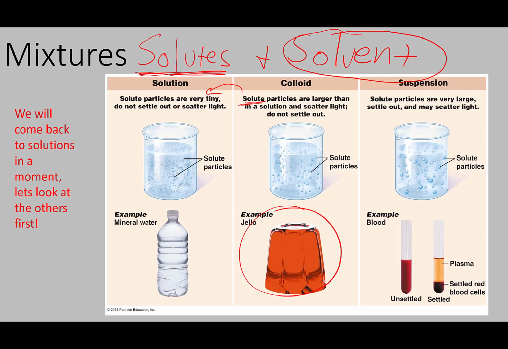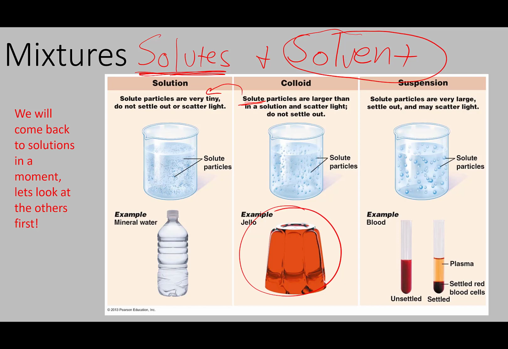Jell-O is a colloid. The solute particles, which is typically something like gelatin, sometimes collagen. But so in solution, the particles are pretty small. We'll talk about solutions in a moment. In colloid, the particles are a little bit bigger. When we shine light through, it scatters.